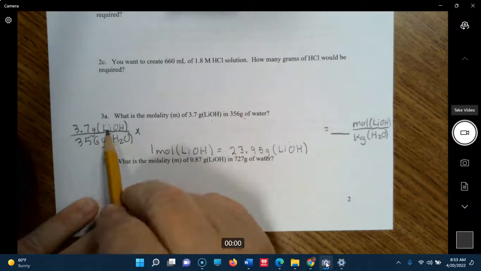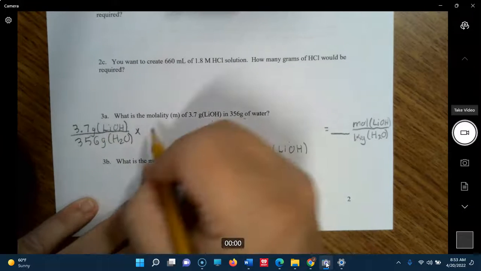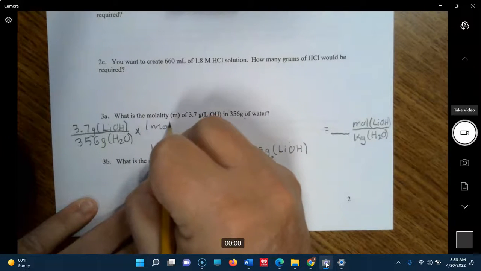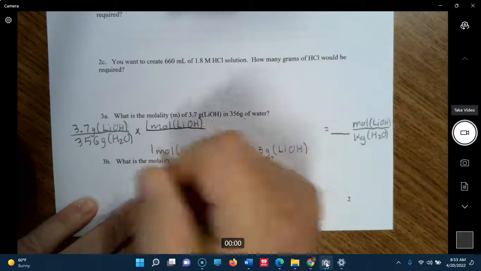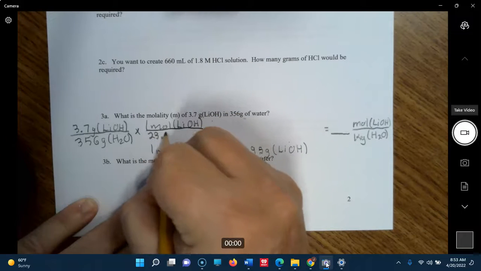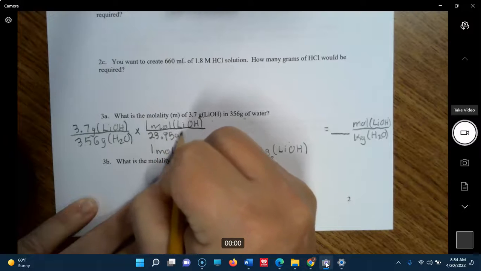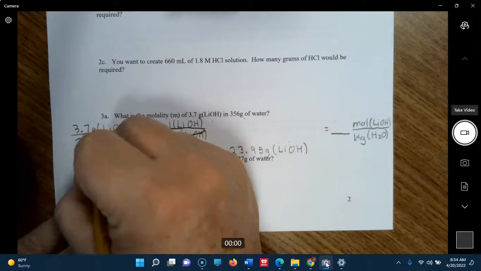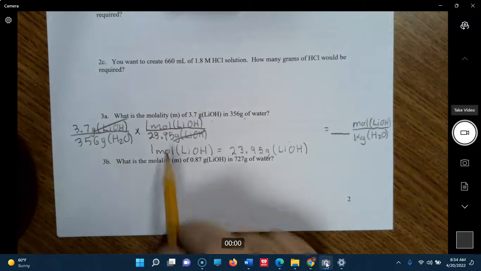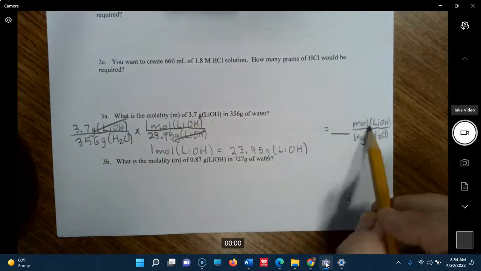We need to get rid of grams. We need that to cancel out, so we're putting this on the bottom. Okay, so we've taken care of the top, moles LiOH, moles LiOH.